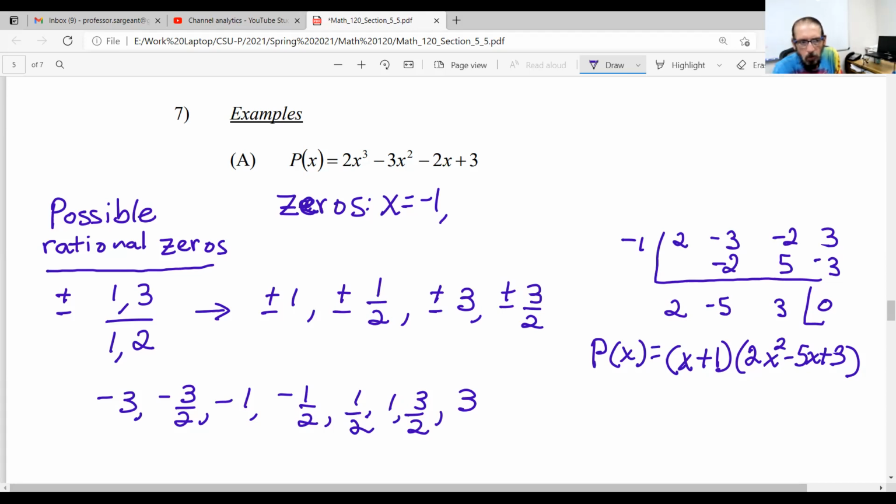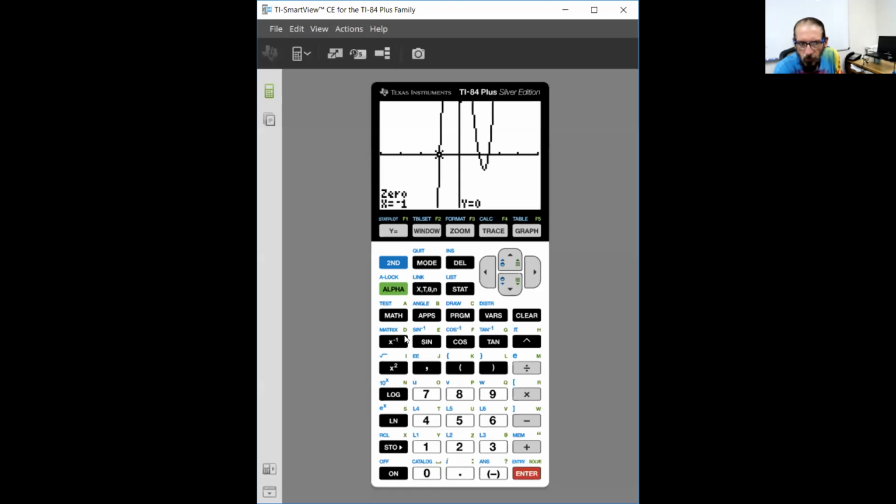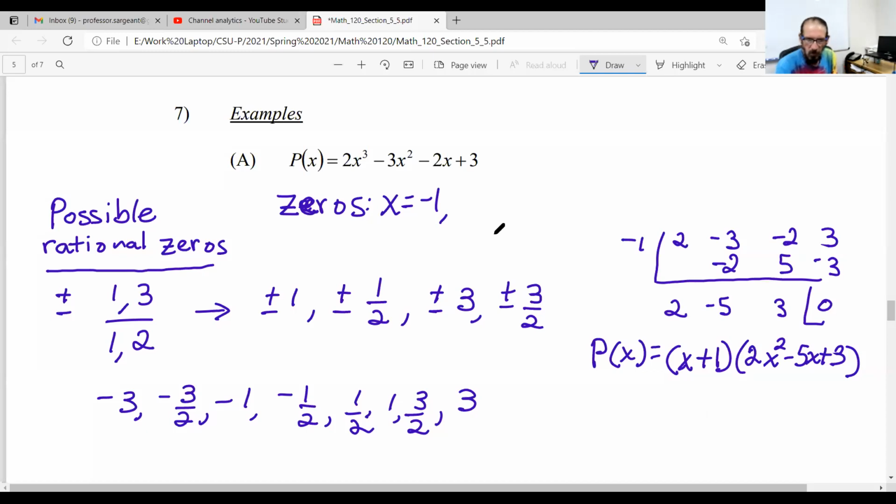Now, if I show you the calculator again, it looks like maybe we have another 0 at +1. Again, that could be round off error. So verify by synthetic division.